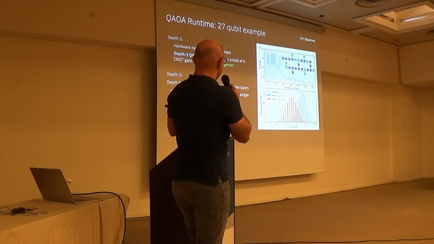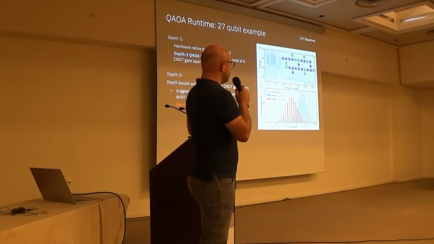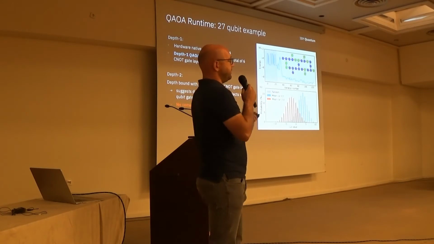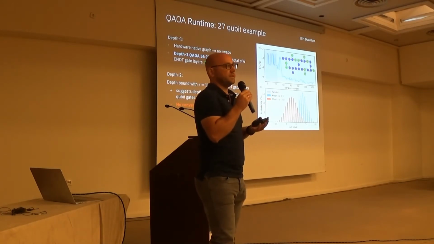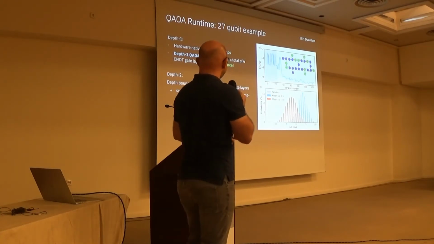If we apply this fidelity criterion with epsilon equals 10%, then we should be able to have 13 CNOT layers. Depth 1 had 6, so depth 2 would have 12. So in principle, it still should have been feasible, but this fidelity criterion is a little bit optimistic. It's only looking at 2-qubit gate errors, not considering crosstalk, and also not considering coherence.